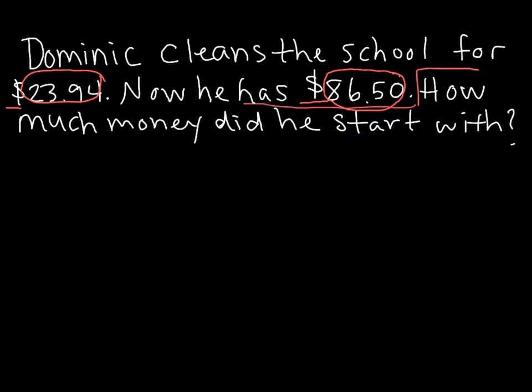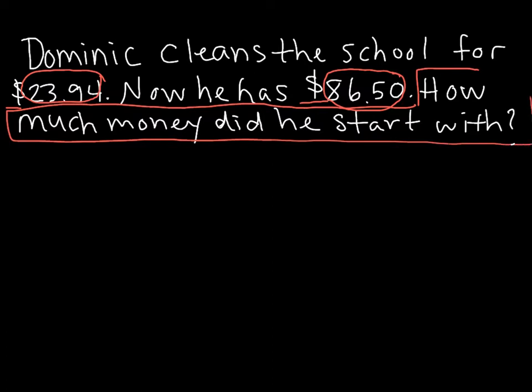And that question is going to be what we're looking for, and that's always the variable with these equation problems. So how much money did he start with? We don't know. So I'm going to say that's our variable, S, and that's his starting money. Dominic's starting money. All right, and I'm just going to state what S is right away.